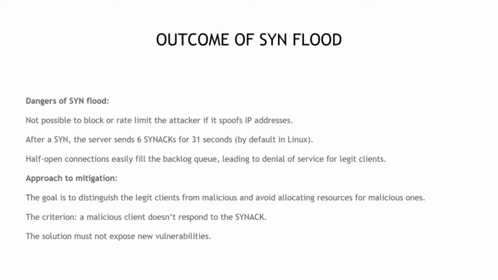The classical approach to mitigate this attack is to avoid allocating resources for malicious clients. The only reliable way to distinguish them from legit clients is by checking whether they respond to the SYNACK, which means the first stage of the three-way handshake must be stateless. Of course, the solution must not expose new attack vectors.